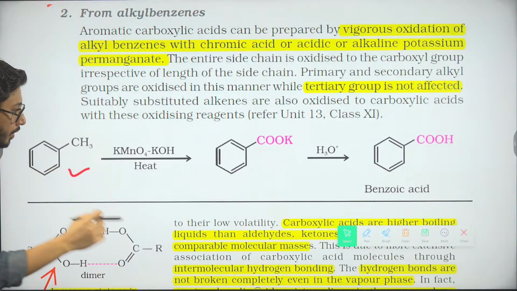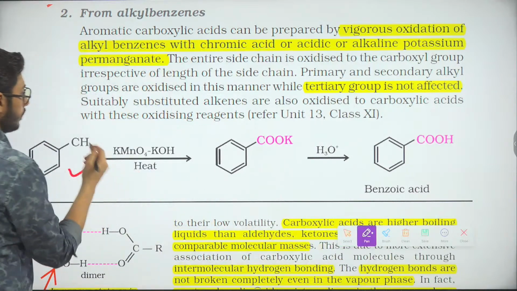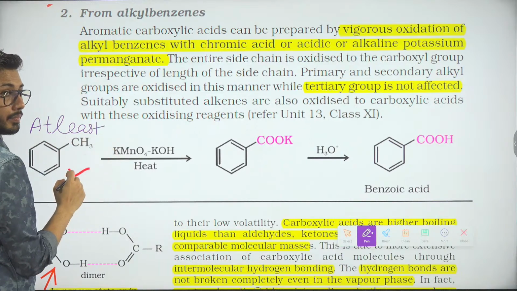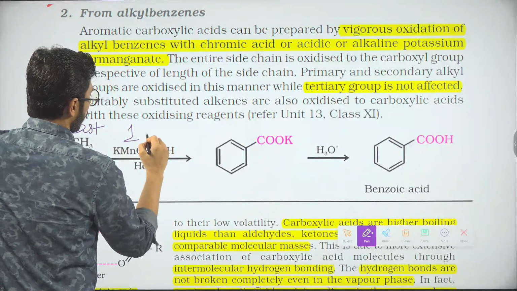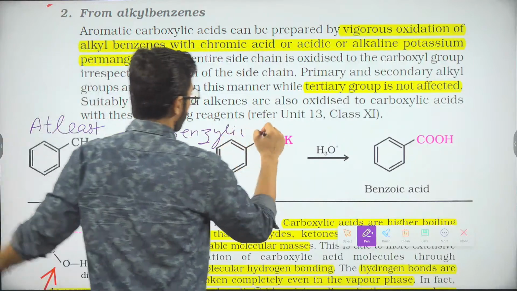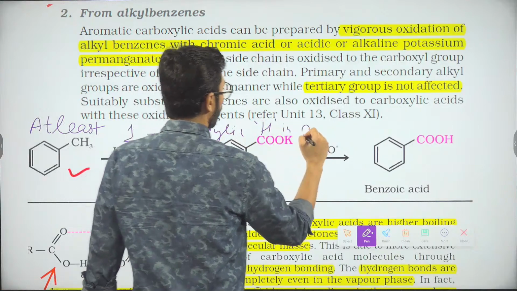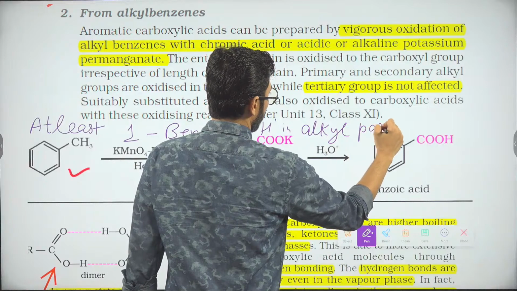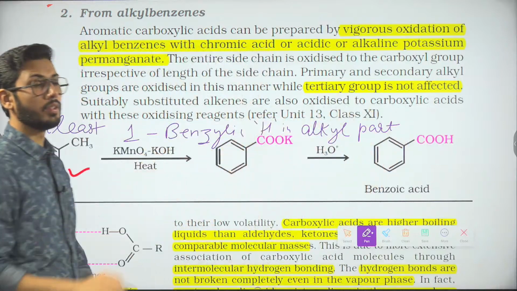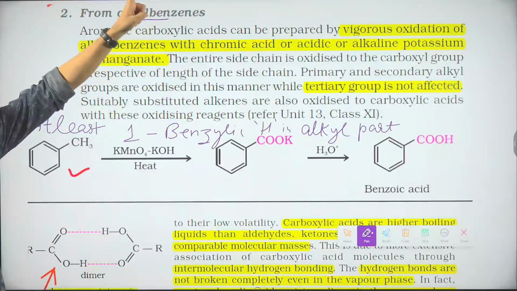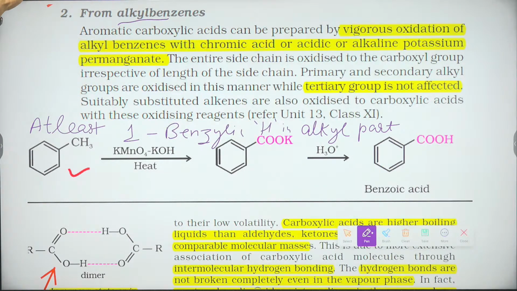Condition is at least 1 benzylic hydrogen in alkyl part. This is specifically written for which one? It is specifically written for alkyl benzene. Okay, for alkyl benzene, at least 1 benzylic hydrogen has to be there.